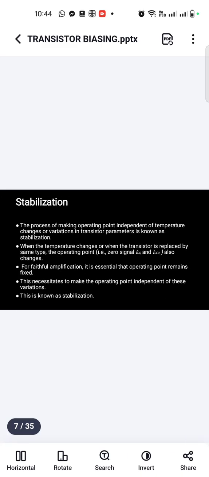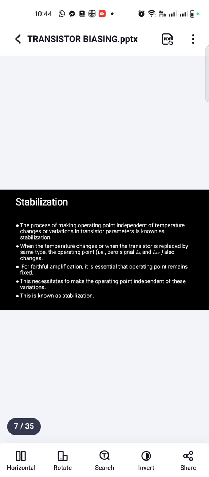Then next one, stabilization. What is stabilization? The process of making the operating point independent of temperature changes or variations in transistor parameters is known as stabilization.